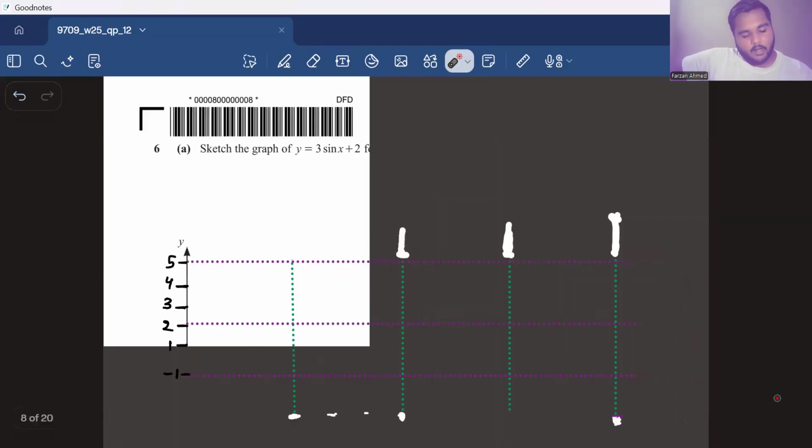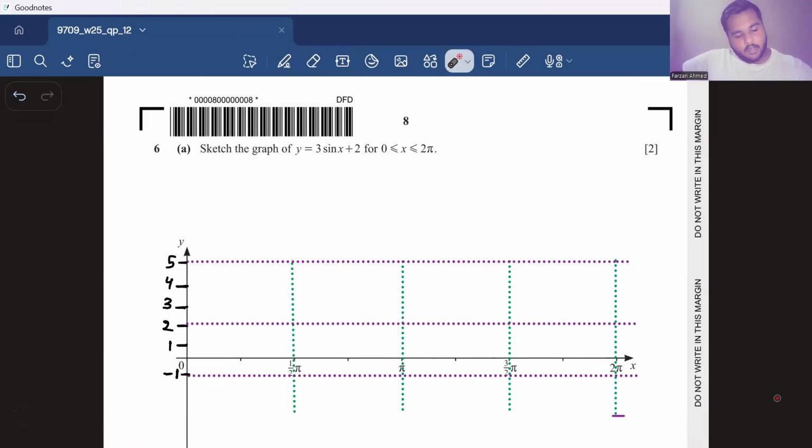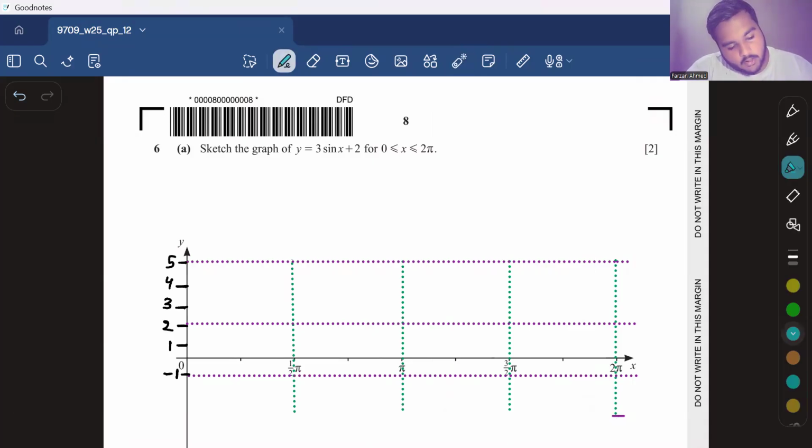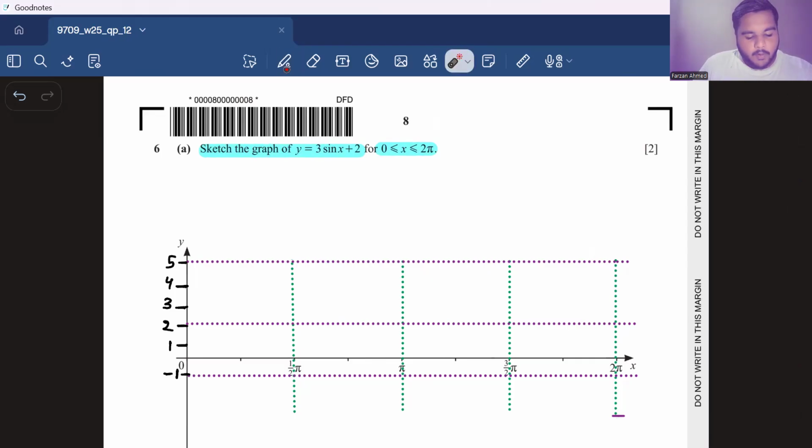Now, moving to question number 6. In question number 6, they are saying sketch the graph of y equals 3 sine x plus 2, and we have the limit 0 till 2 pi. 2 pi means 360.